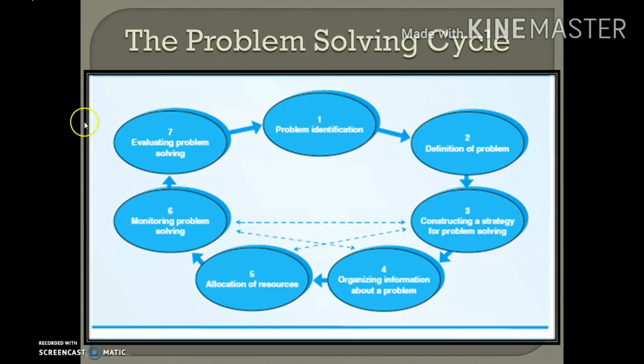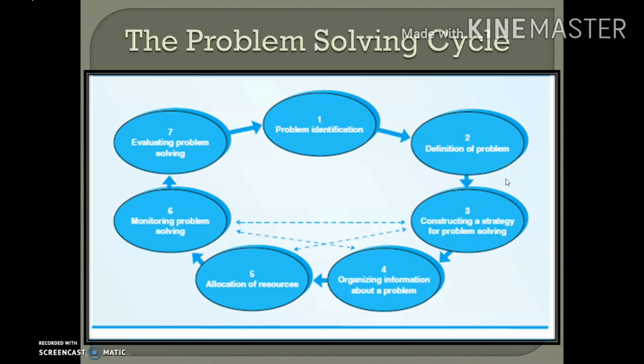Now, a personal example where I subconsciously apply the problem solving cycle. First, problem identification. I don't have a laptop. That is my problem. I have a problem that exists because I don't have a laptop to use so that I can proceed to make this report.